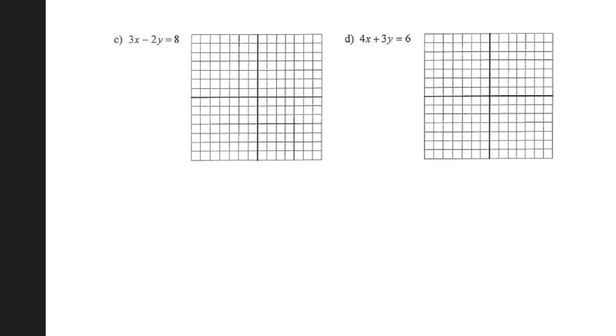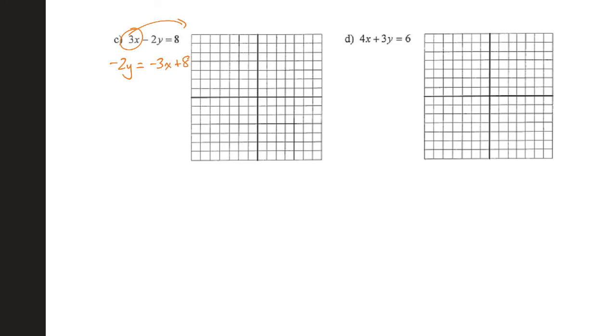So for me to write this in slope-intercept form, what I'm going to do is get my y all by itself. So maybe what that means is I need to get rid of that 3x. So I am going to get rid of a positive 3x, which means I subtract 3x. The 8 was already on that side.